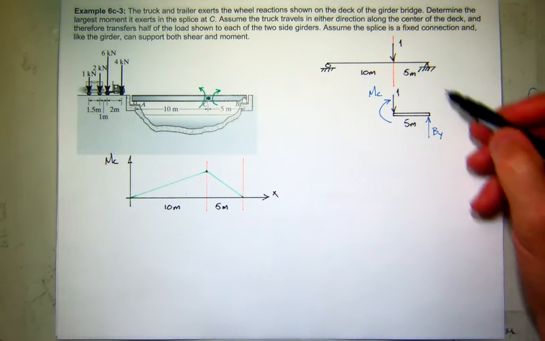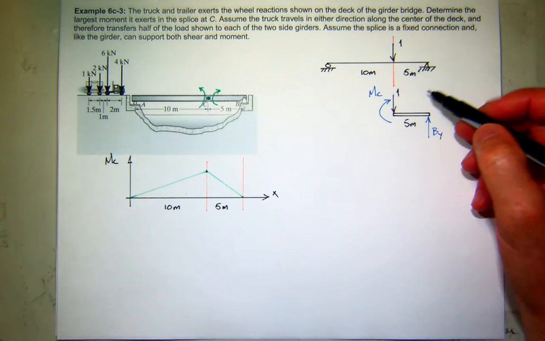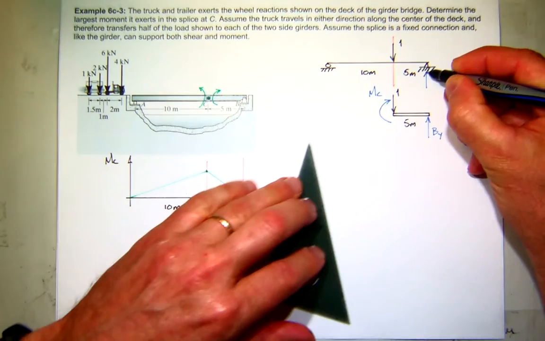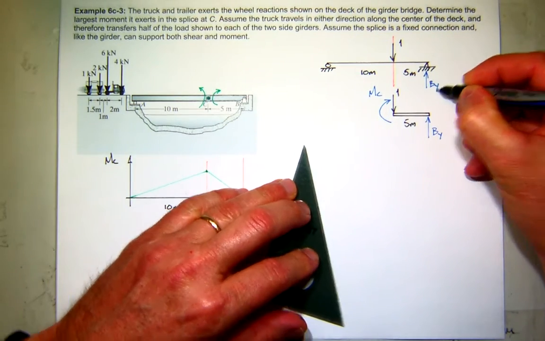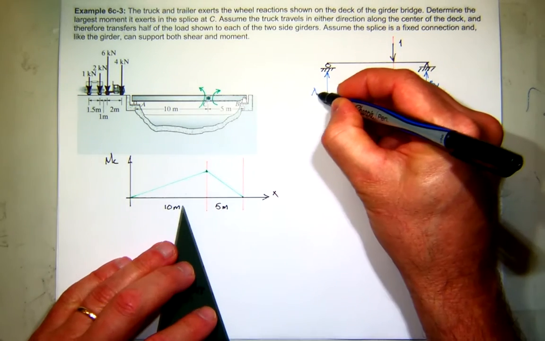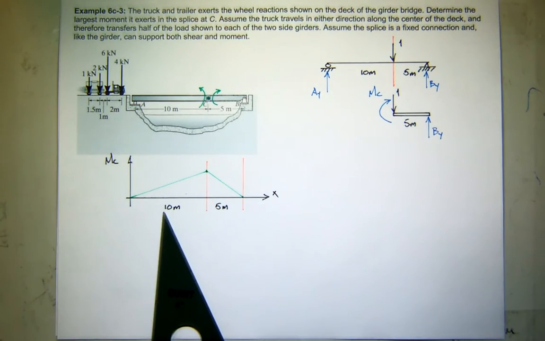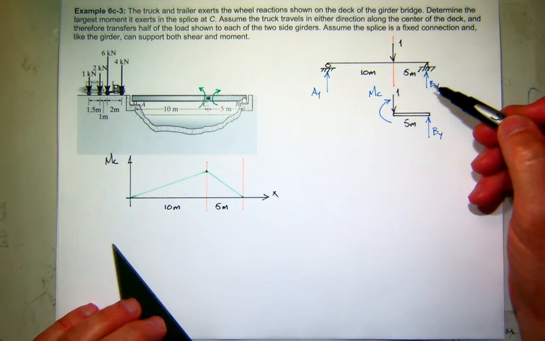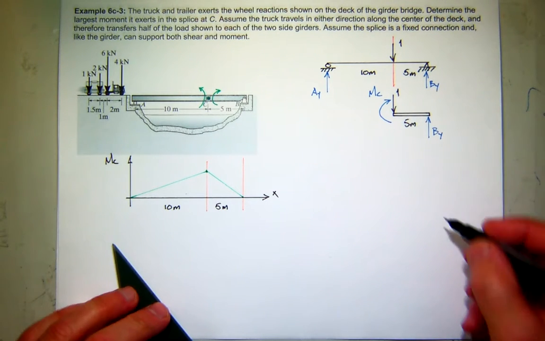So to accomplish that, I need to come back up here and find my reaction at By. Of course, there would be a similar vertical reaction over here at A, but I'm not really concerned about that one. So what's the easiest way to find my By reaction for this case? Sum moments at A, right?